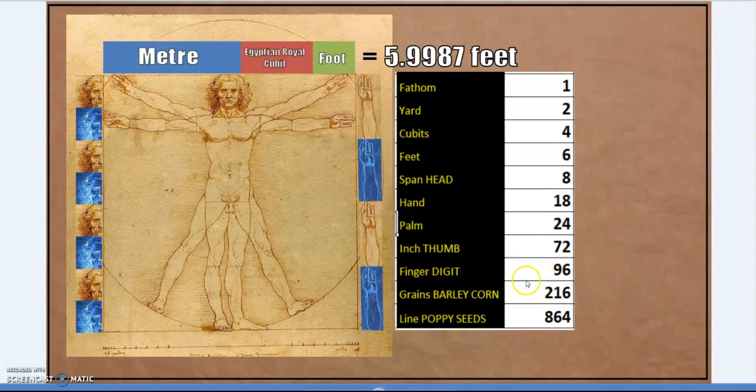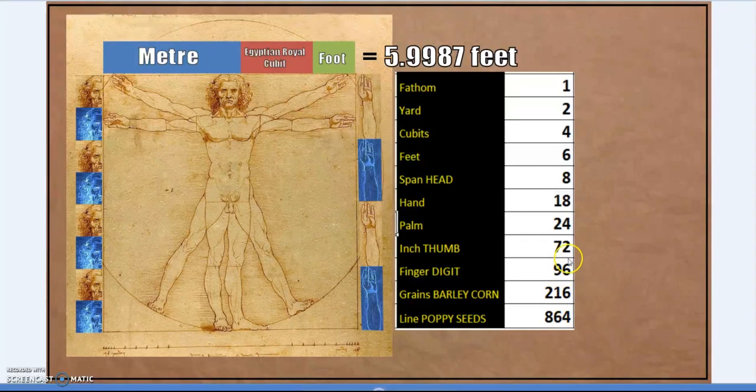We have digits, but it's also worth noting that grains or barleycorn was a way of defining the inch. So 72 inches times 3 is 216. And each barleycorn was then divided by a smaller poppy seed, or a line as it's called. So 6 feet is also 864 lines or poppy seeds, or 216 barleycorns.